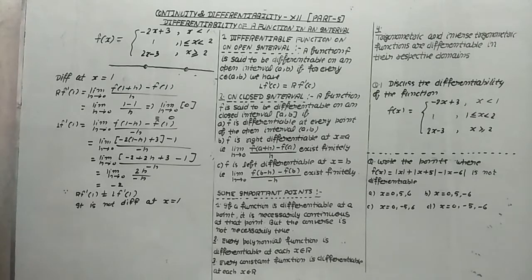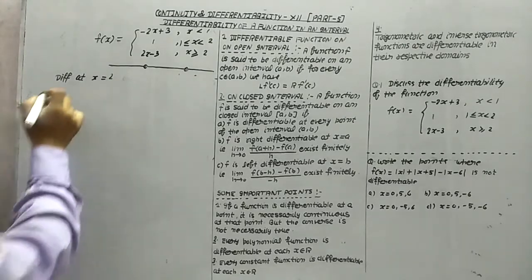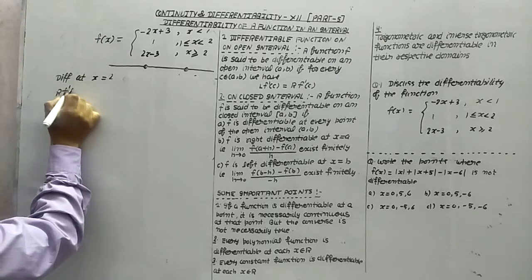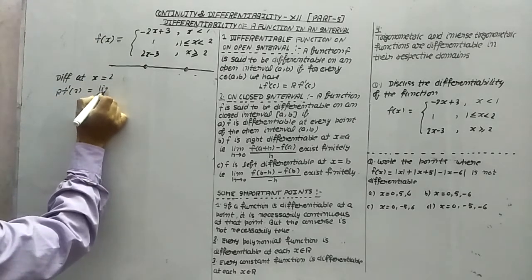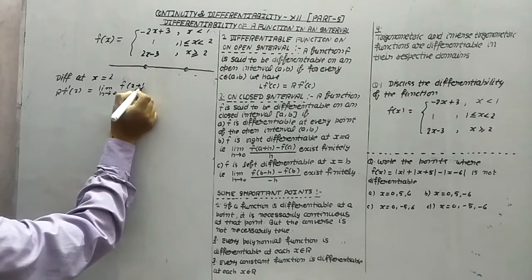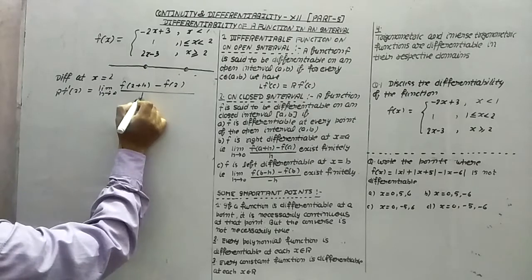Now we will check the differentiability at x equals 2. Right hand derivative at 2: limit h tends to 0 of f(2 plus h) minus f(2) upon h.